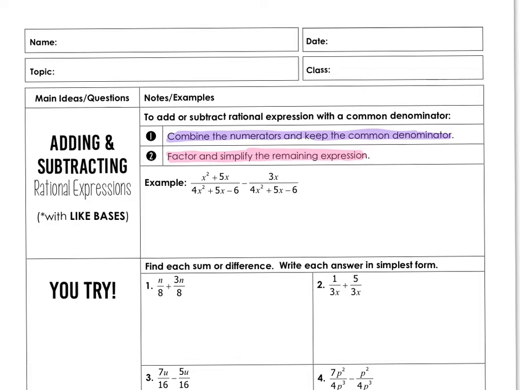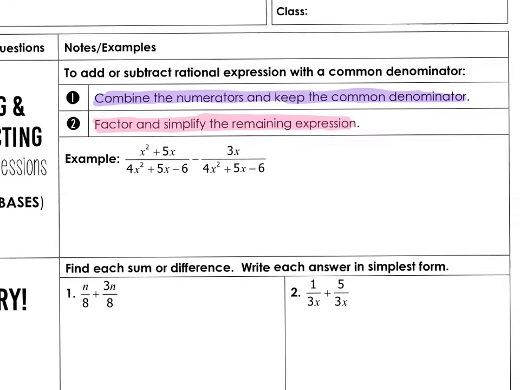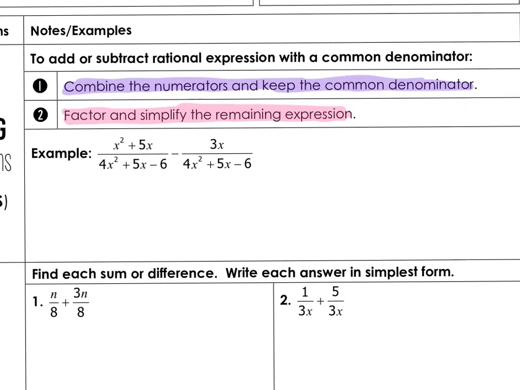So we're going to do the first example here. First thing we want to notice is that this is a subtraction problem, so we're actually going to subtract. And the second thing we want to notice is that my denominator is the same. So here we go.